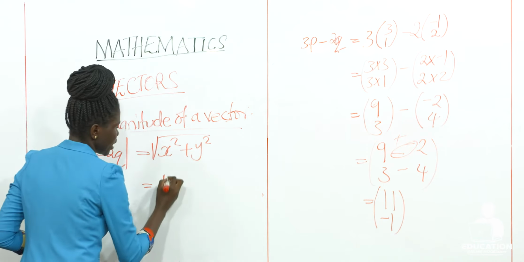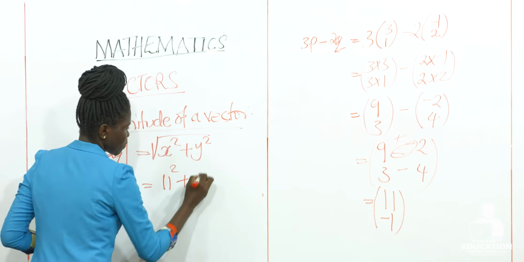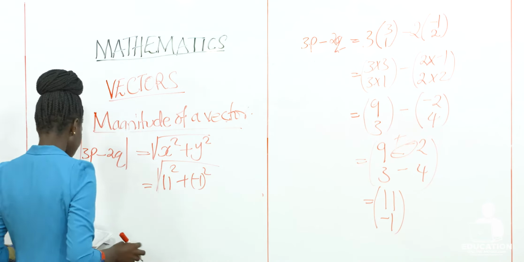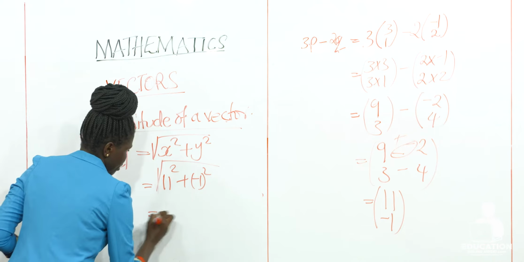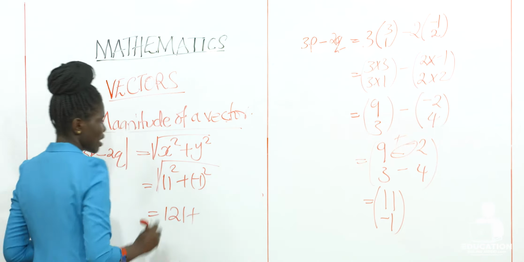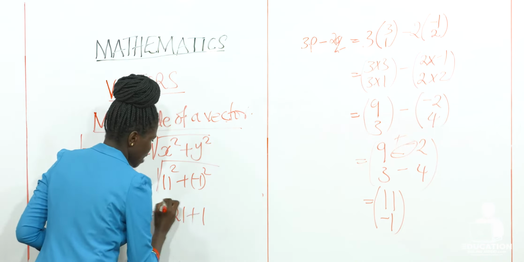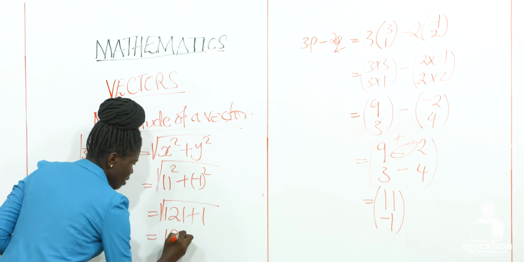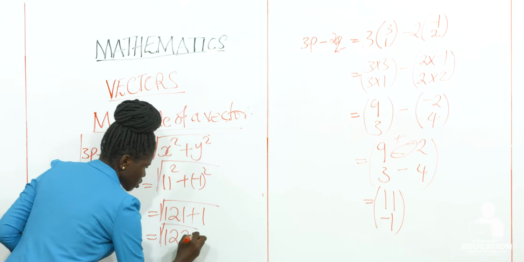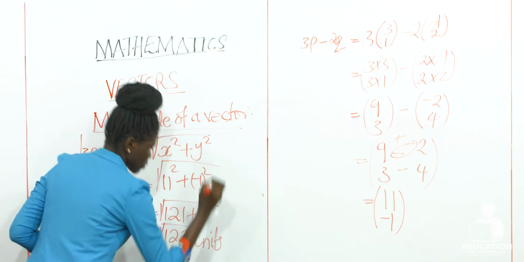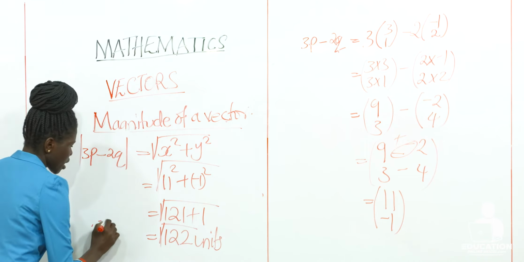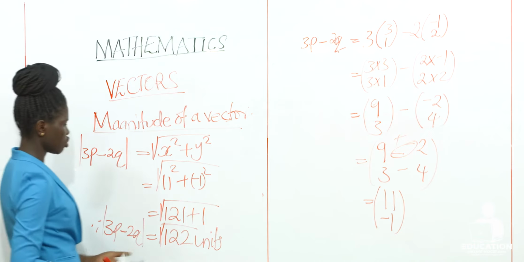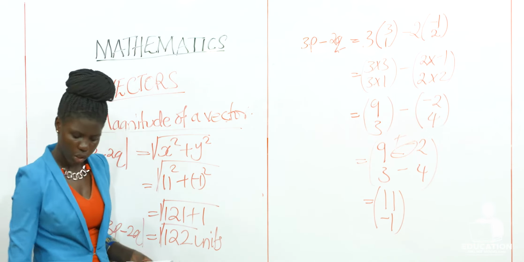It is 11 squared plus negative 1 squared. 11 squared is 121, plus a negative squared becomes a positive, so we shall have 1 here. And finally, when you add them, we shall get root of 122 units. So therefore, the magnitude of 3p minus 2q should give us root 122 units.